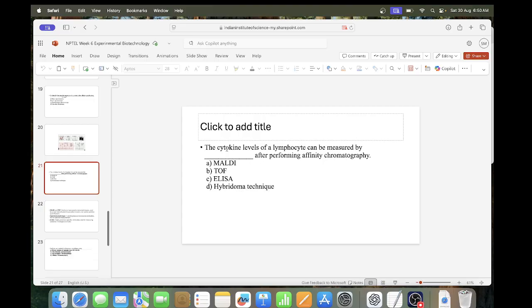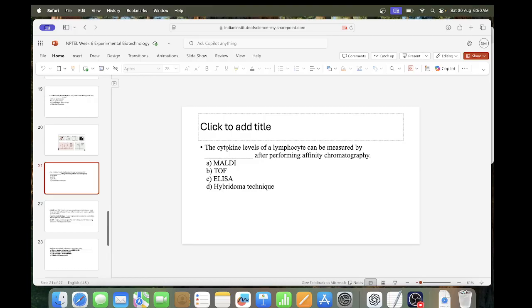Good that you shared what you know about ELISA. Do you also happen to know about MALDI or TOF, which we just discussed earlier, or the hybridoma technique? Hybridoma technique, I know a little bit, sir. I know it is used to produce monoclonal antibodies.